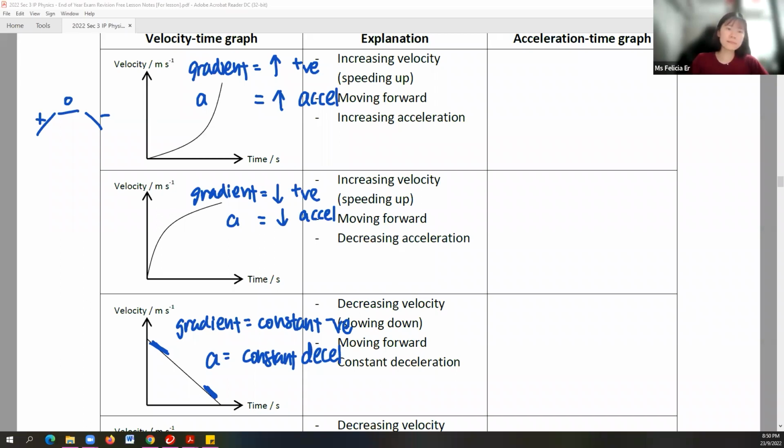Yes, Ian? Would Ian want to unmute the mic instead? Because we are all waiting for you to type. Oh, why is the graph for the second one? You mean what is the graph for the second one? Or you don't understand why my explanation is like that for the second graph?